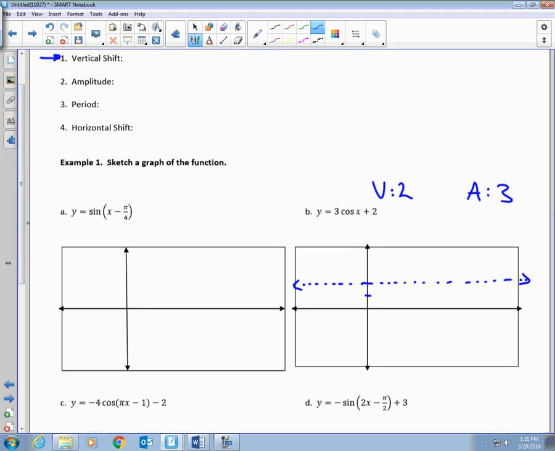What we do is when we identify the vertical shift, we draw an axis of rotation through the vertical shift.